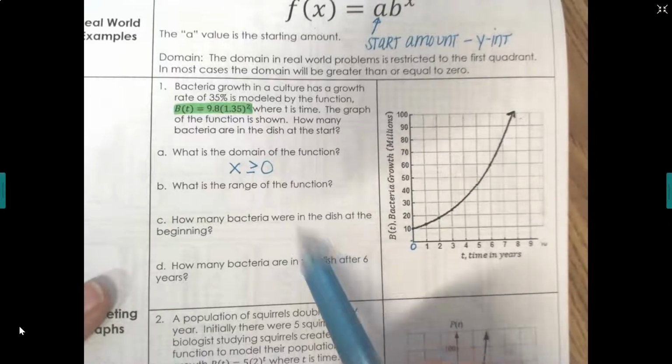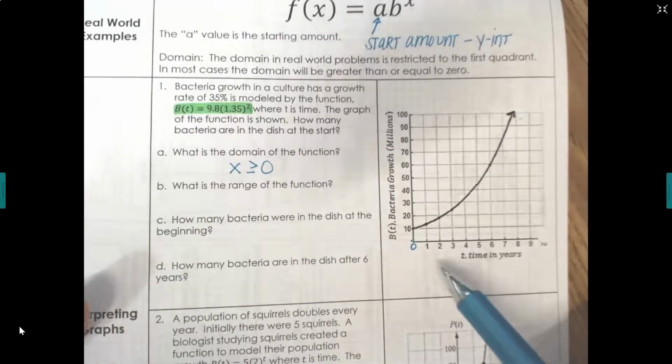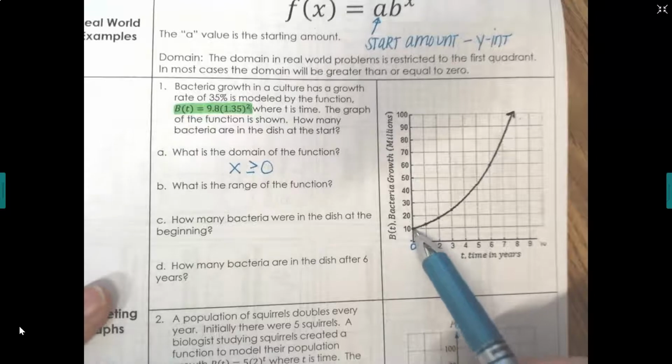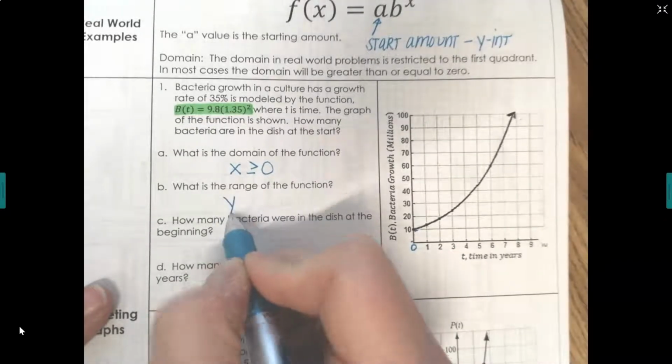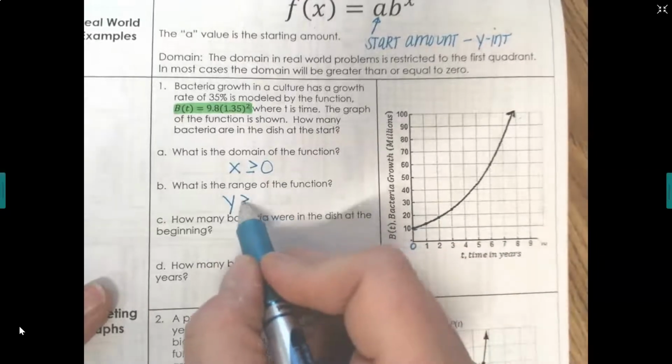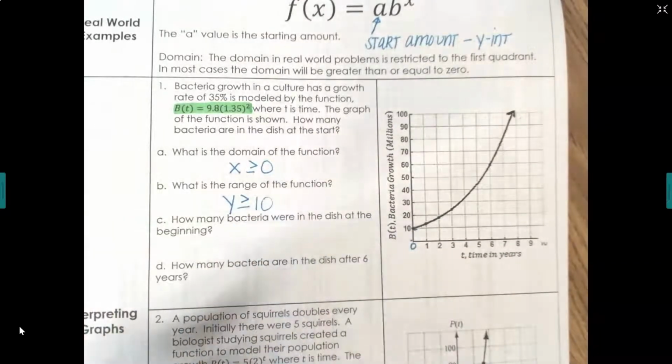Now our range: our lowest value in our real world scenario is right here at 10 where the graph hits the y-intercept. So all of my y values are going to be greater than or equal to 10. That's because that would be the starting amount for this problem, the y-intercept.